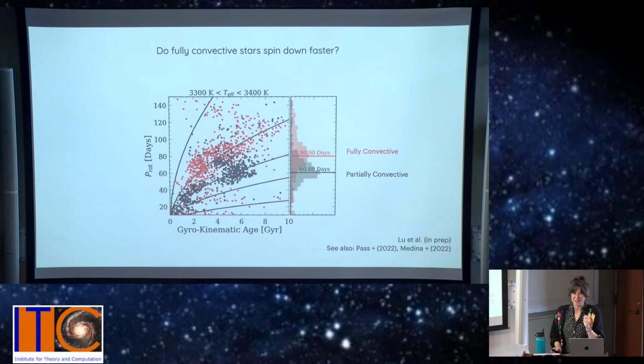It's a very big difference. And so it maybe suggests that we need to treat fully convective stars really quite differently, apply different gyrochronology relations to them, which is similar to what we saw with the gap result that I showed a few slides ago. Clearly, fully convective stars are doing something different to partially convective stars, and that's the takeaway from that.